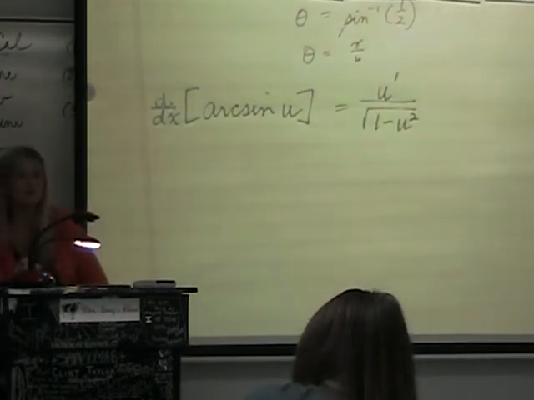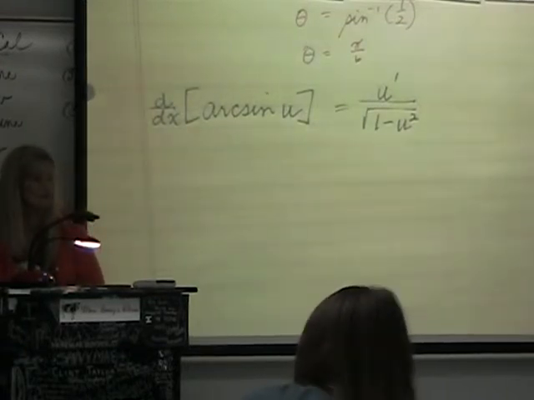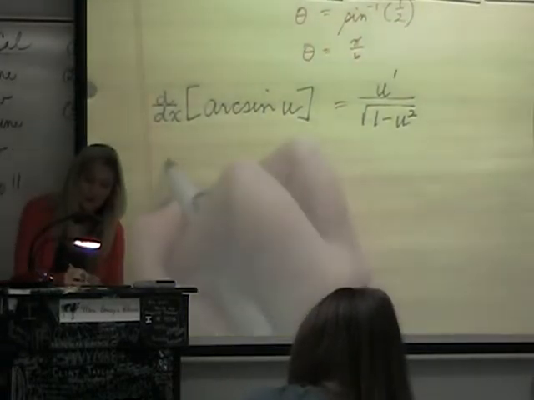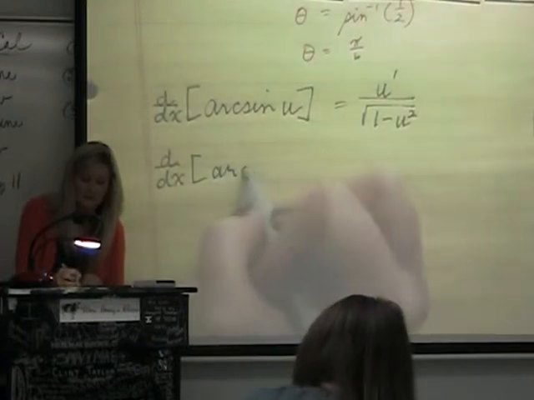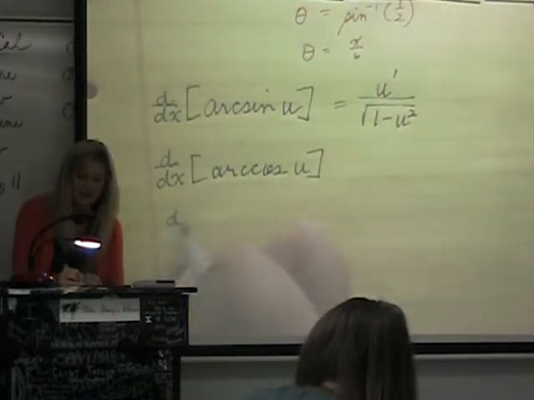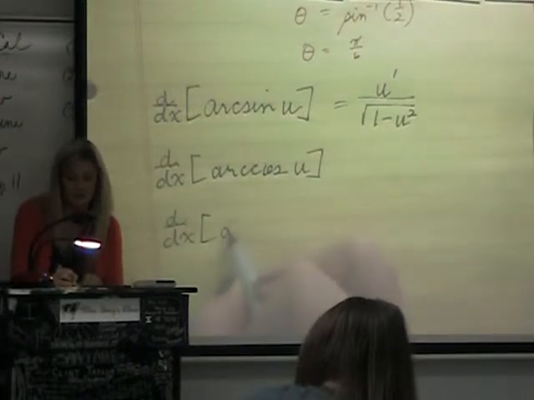That's the formula for taking the derivative of arc sine of u with respect to x. Because remember, u can be any function of x. Then we're also going to need to find the derivative of arc cosine, or cosine inverse, and the derivative of arctangent, or tan inverse.